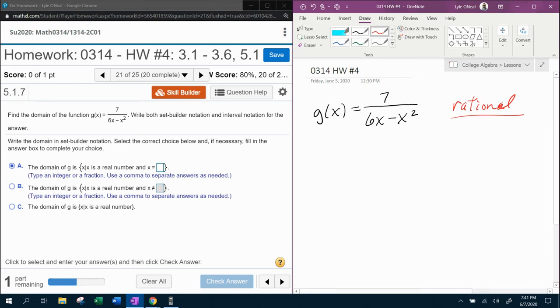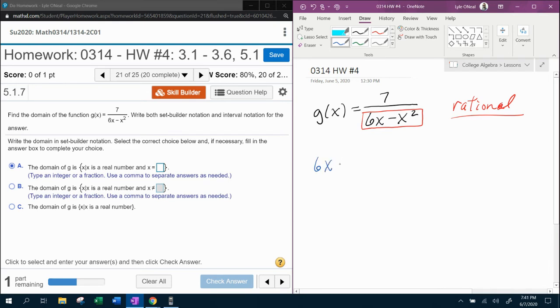And the main thing you need to know is when you're looking for the domain, a rational function has a restriction. We know that the denominator of a fraction cannot be 0 because division by 0 is undefined. So if we're going to find the domain, which are the values that x can be, the first thing we might want to figure out is what can x not be.